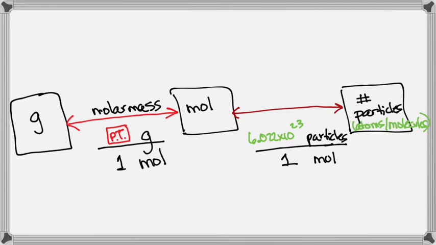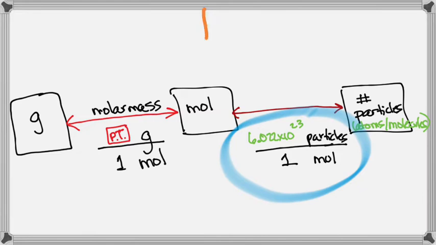We can also have this one get flipped if you're going backwards from particles to moles. So again, if you flip that over and moles is in the numerator, the 1 has to go with it. Particles would be in the denominator. Avogadro's number has to go into the denominator. So again, this chart, extremely important. Make sure you get it in your notes.